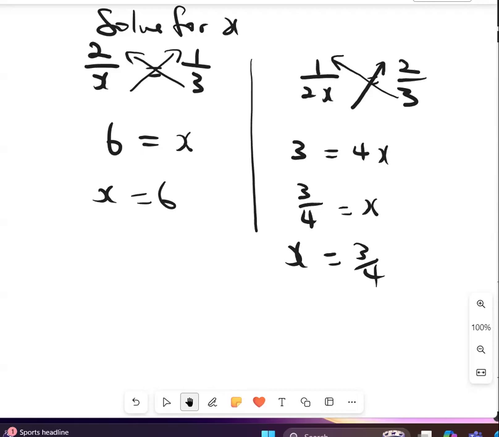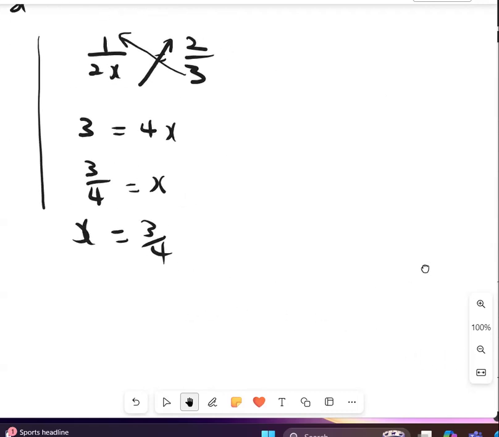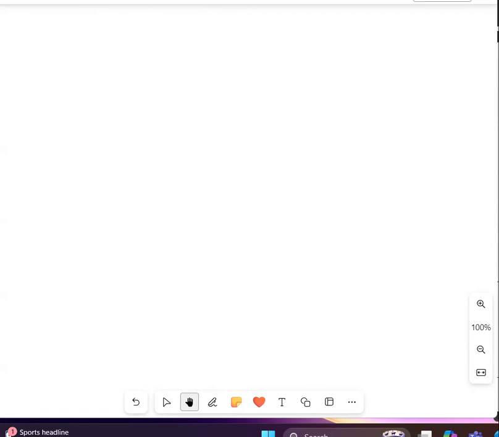What about if you were to encounter fractions now? What happens now? Let's try one.